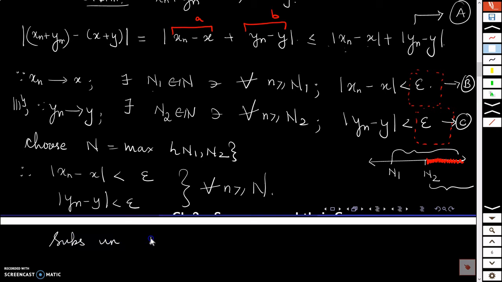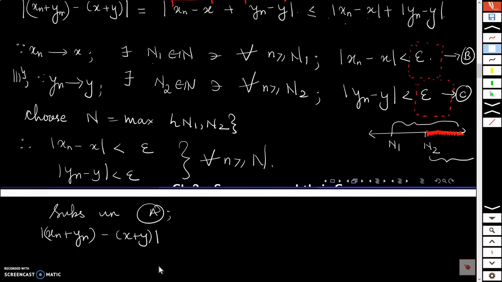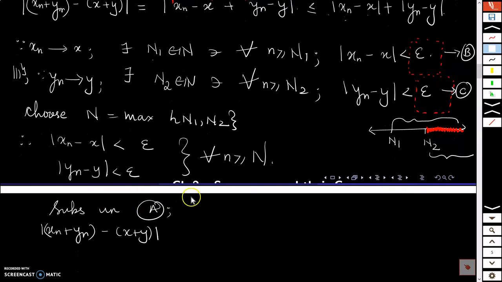substituting in A. In A, we started with this estimate, xn plus yn minus x plus y, and that we saw is less than or equal to, here, right on top, xn minus x plus yn minus y, right?